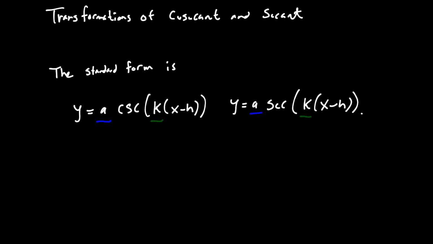K determines the period of our graph, and so is a horizontal stretch or compression, and H is our horizontal shift, where if the number H is greater than 0, then we shift left, and if H is less than 0, we shift right.